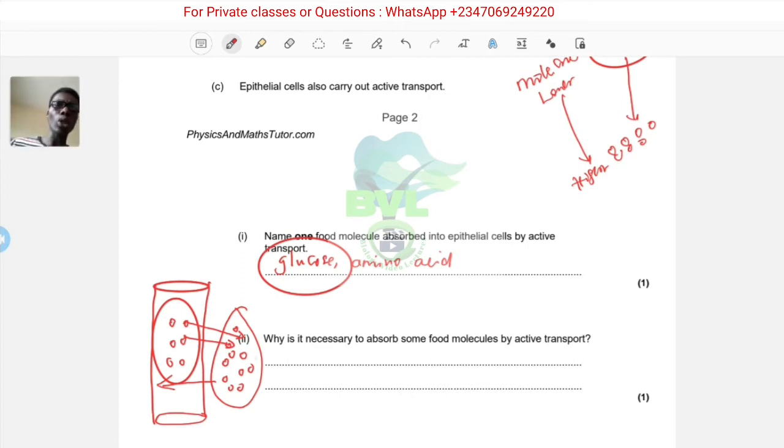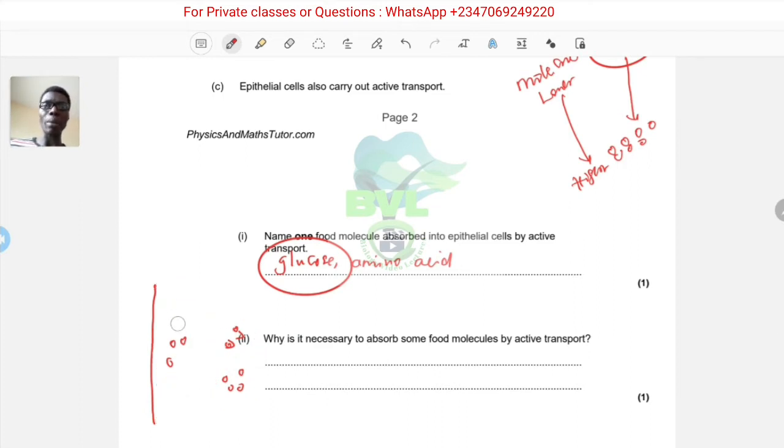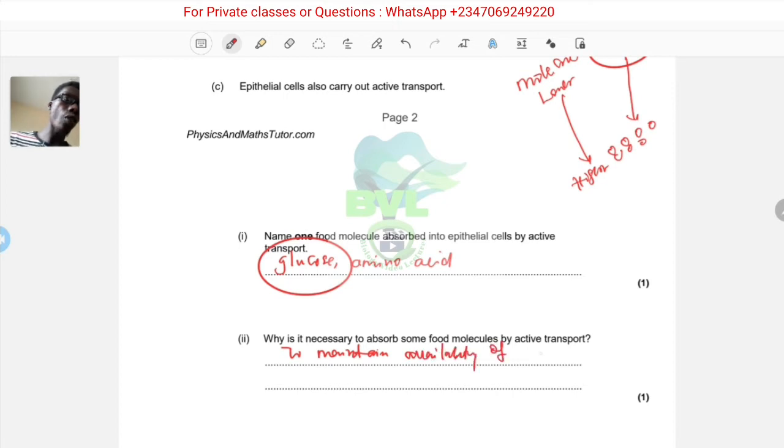And why is that? Because we need glucose to be available at all times. All right, so why is it necessary? You could just say that it is to maintain availability of essential nutrients.